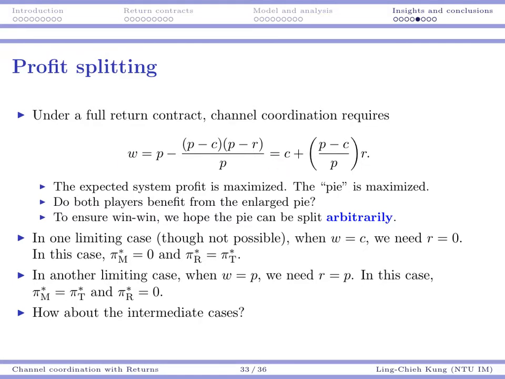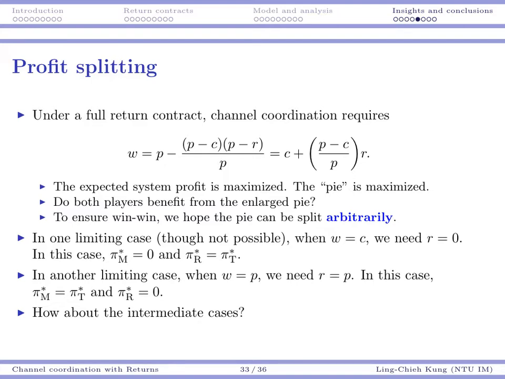That means if your wholesale price is just your production cost, then to achieve system efficiency, your return credit should be 0. On the other hand, if r is w, or if you are so generous about return credits, we can show that you can still find a contract to coordinate this system. So these are things you may expect.